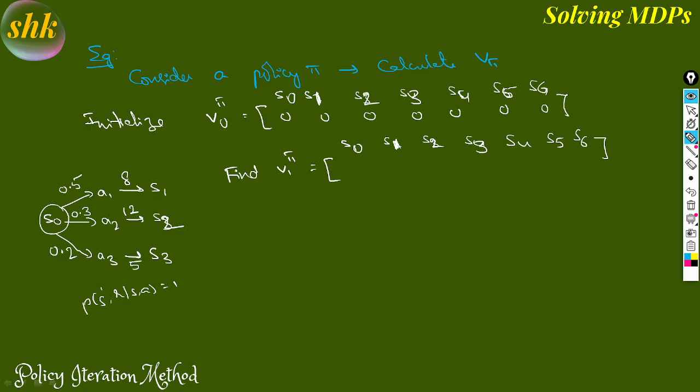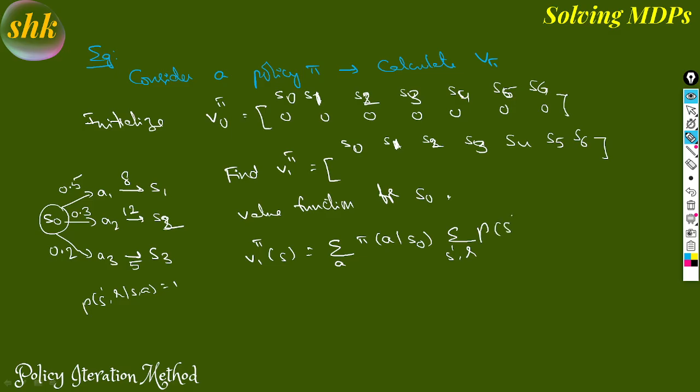So for computing the value function for the S0 state, we will evaluate V1 of S with policy pi, which is equivalent to the sum over all actions of pi of A given the state S0 we are considering, sum over S dash, R of the probability of S dash from the state S0 with a particular action A, multiplied by reward R plus discount factor gamma times V naught of S dash. So this is the value function which we are given.